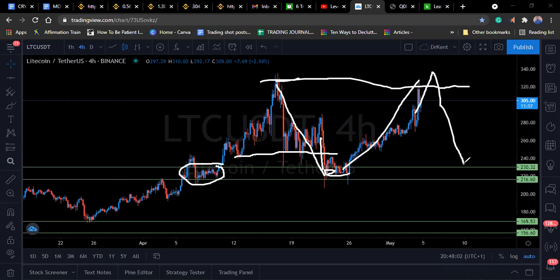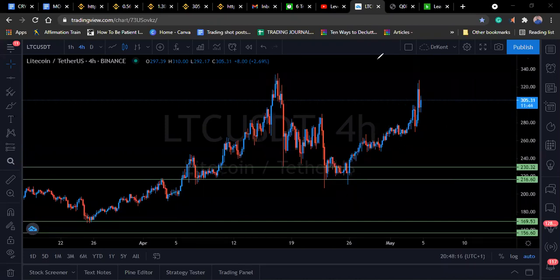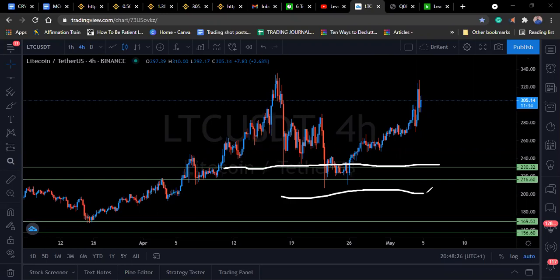Now, this is the summary of support and resistance. Now, let's move into the next one. Support and resistance, in this case that I'm explaining, use horizontal lines, meaning the lines are horizontal.